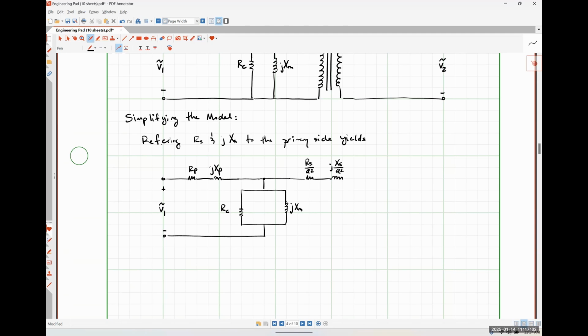Squiggly line between j, X, and R. That's just an R. And then here's where the terminals of my ideal transformer are.